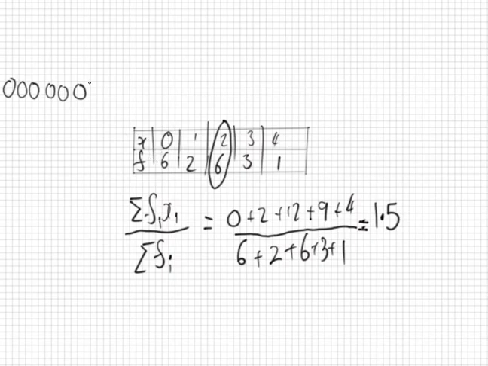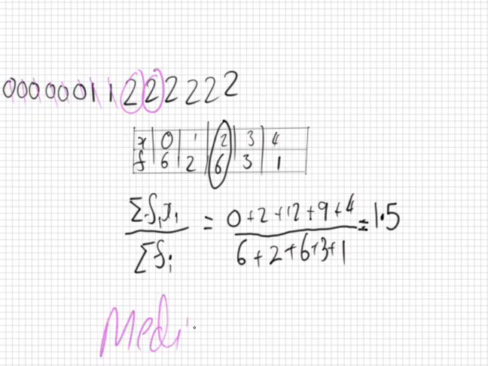And then how many ones? 2. 1, 1. And then next? The 9th and 10th number would be, well, there you go, let's see. 1, 2, 3, 4, 5, 6, 7, 8. The 9th and 10th number is both 2. So the median here, well, 2 plus 2 over 2, it's just 2.